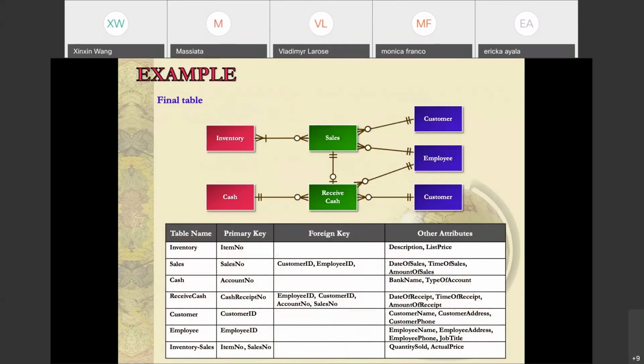There are tables that don't really have foreign keys, so it's okay. It's not necessary that every table has foreign keys, okay? But every table must have a primary key.